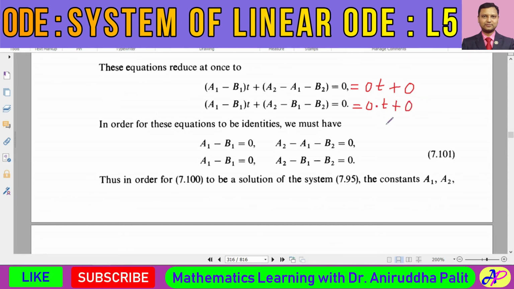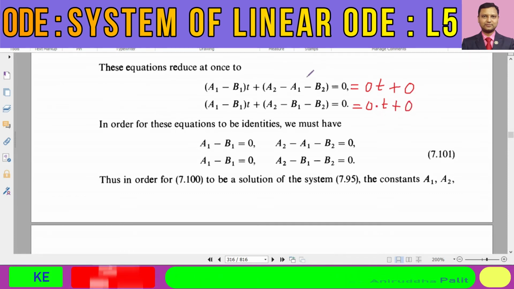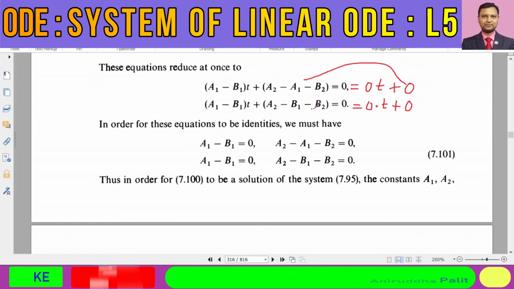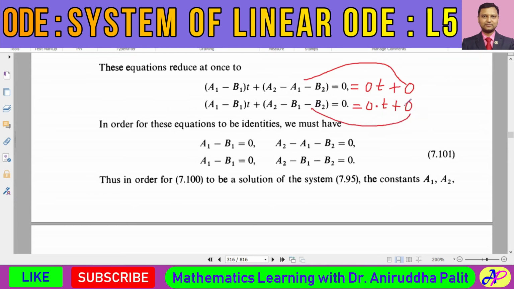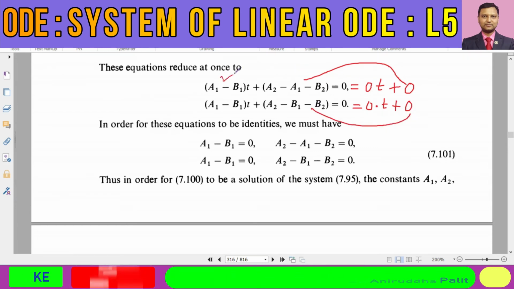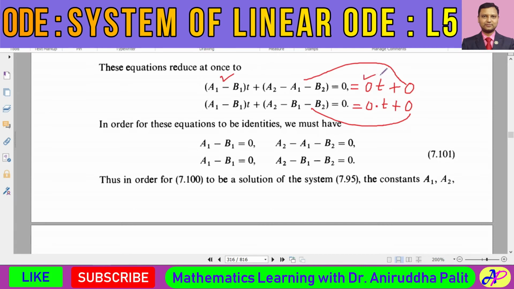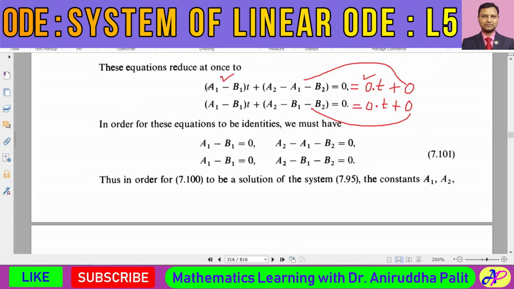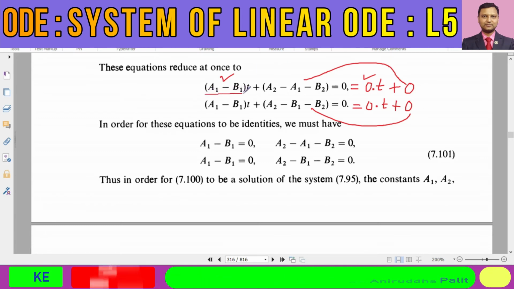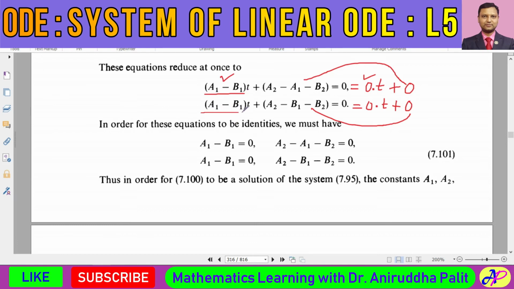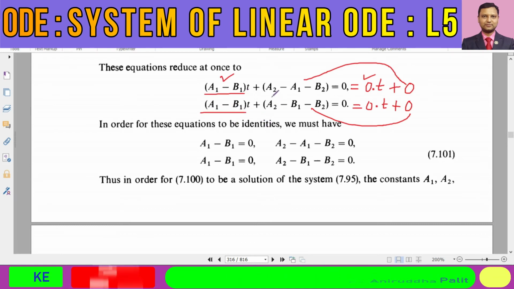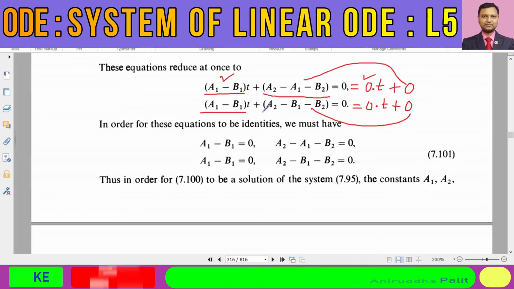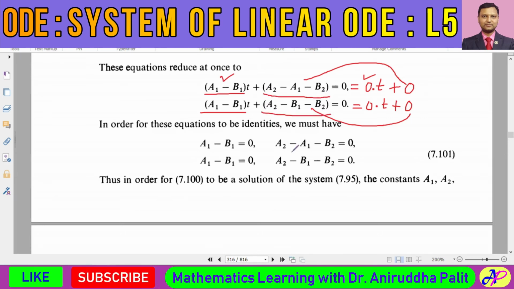If we compare the similar terms, the constant term with the constant term, and the coefficient of t with the coefficient of t, which is 0, then we can say that a1 minus b1 should be equal to 0. Similarly, a2 minus a1 minus b2 should also be equal to 0.